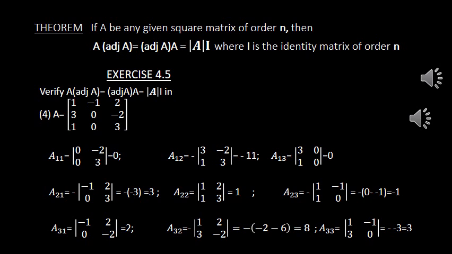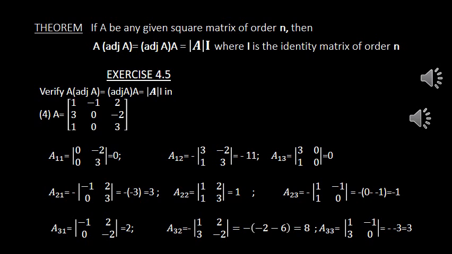Now the sign: 1 plus 2 is 3. So negative 1 raised to 3, that is negative 1, times the value of the 2 by 2 determinant 3 negative 2, 1 3. You know how to calculate this? The minor is obtained by deleting the row and the column where the element negative 1 lies. So that is negative 11.